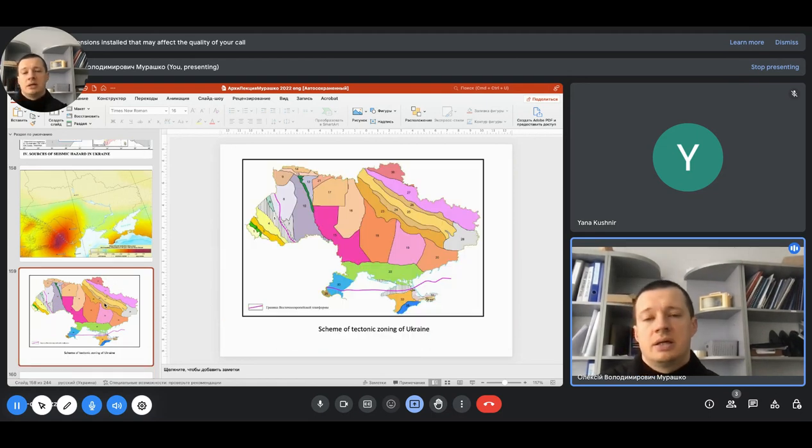And here is the scheme of tectonic zones of Ukraine, and here the crack that I talked about previously. Here it is, a big, huge crack. It comes through Romanian territory, and then through our Odessa region and through Crimea.